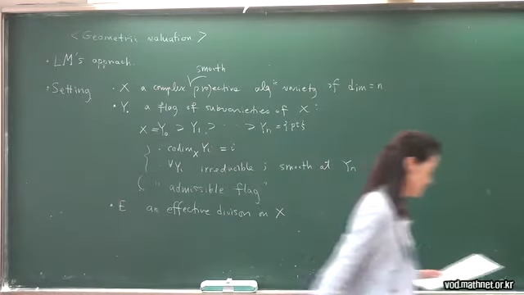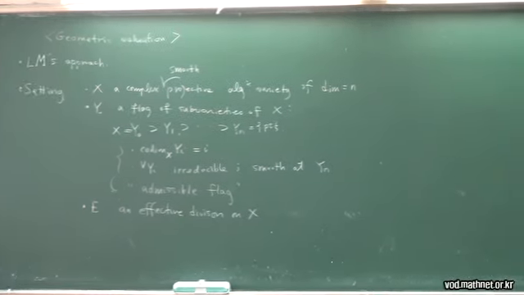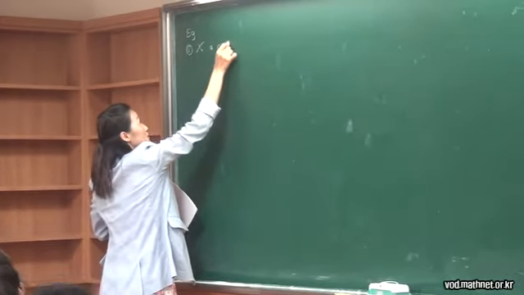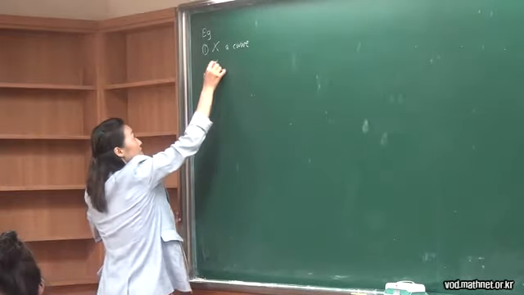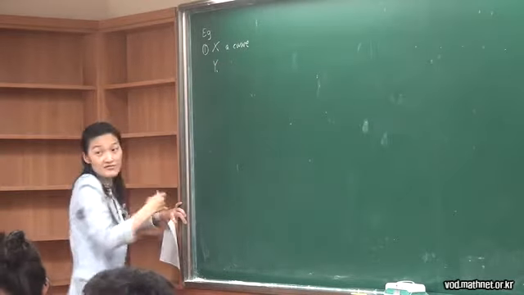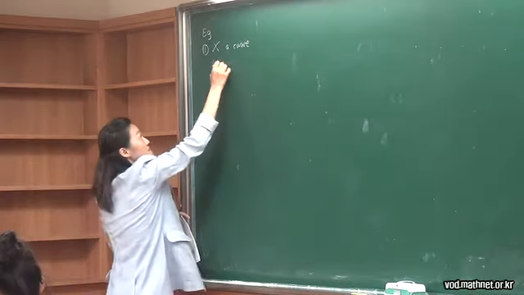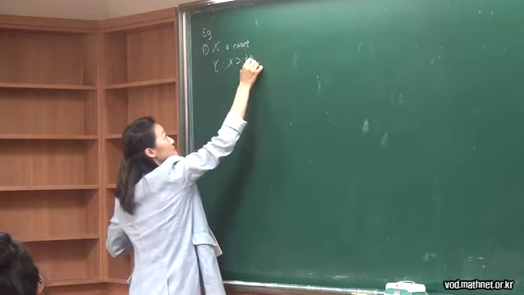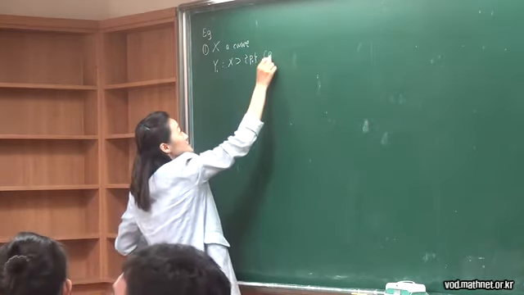So let's do an example. So example 1, say X is a curve, a complex curve. Then an admissible flag means nothing but choosing a point. Okay? So say X and a point, let me denote it by P naught. So P naught is a smooth point.